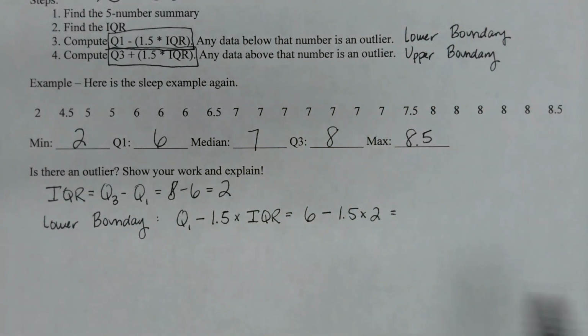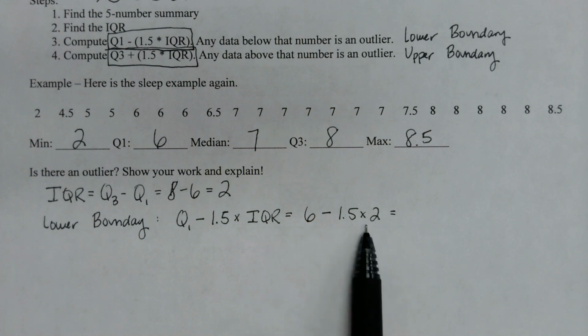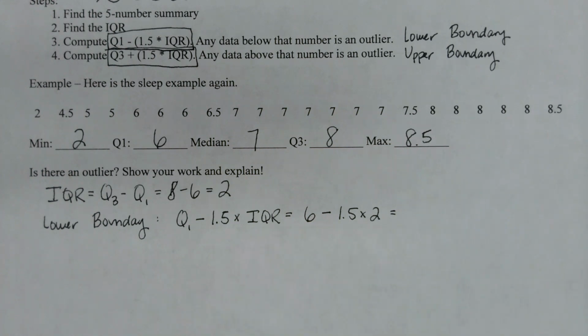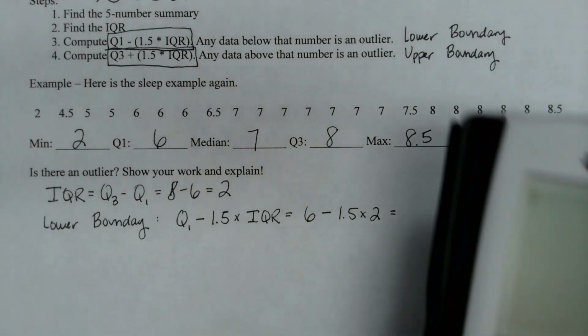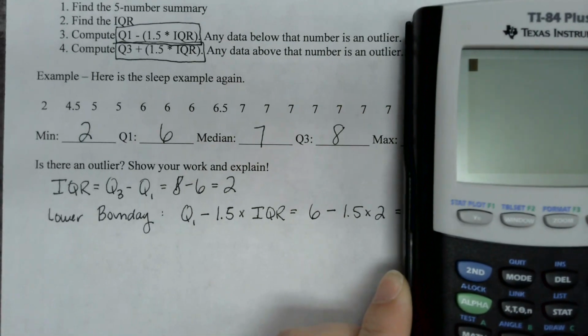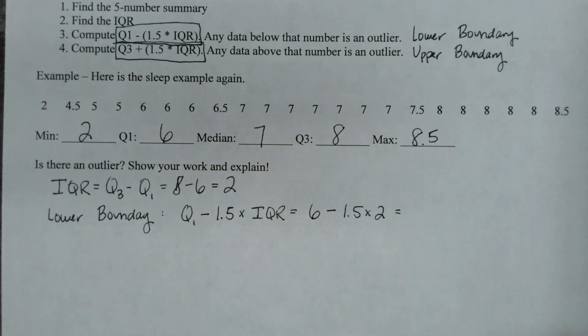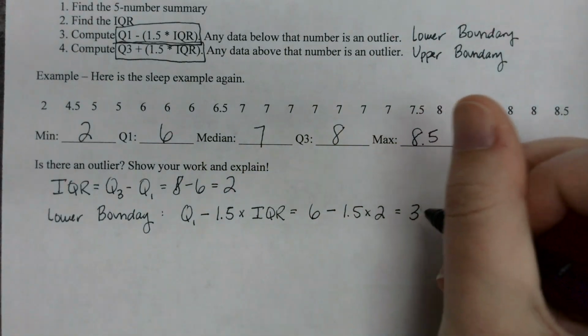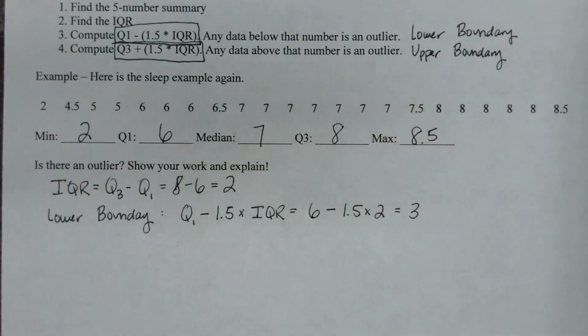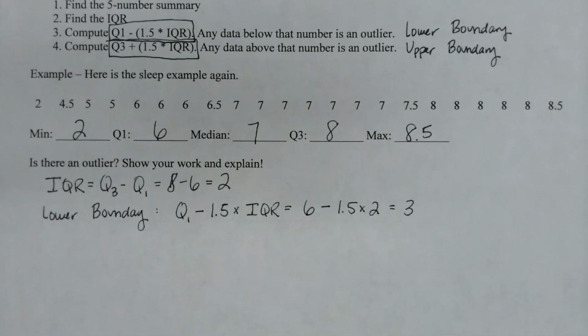Now, order of operations, make sure you multiply first before you're subtracting. If you use your calculator, I'm going to type in 6 minus 1.5 times 2, and it's going to get me 3. My calculator does order of operations for me, so I don't need to worry about it.